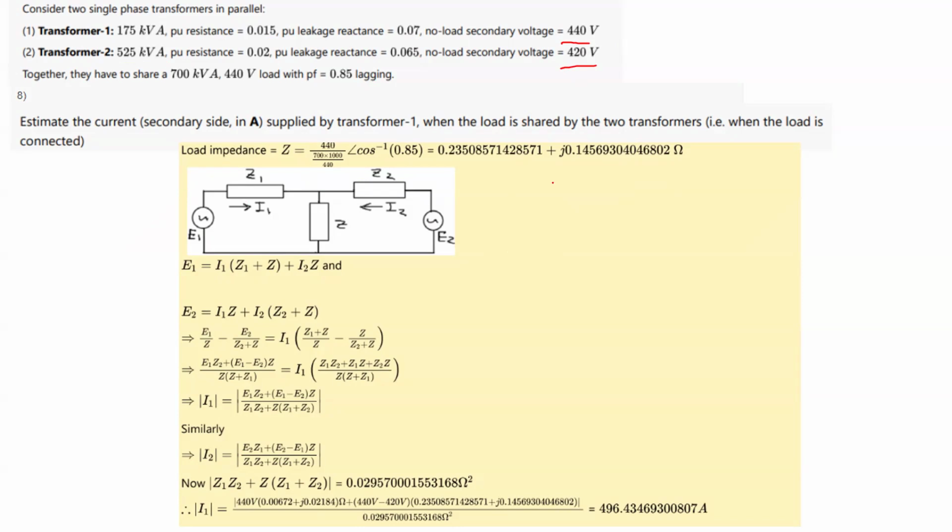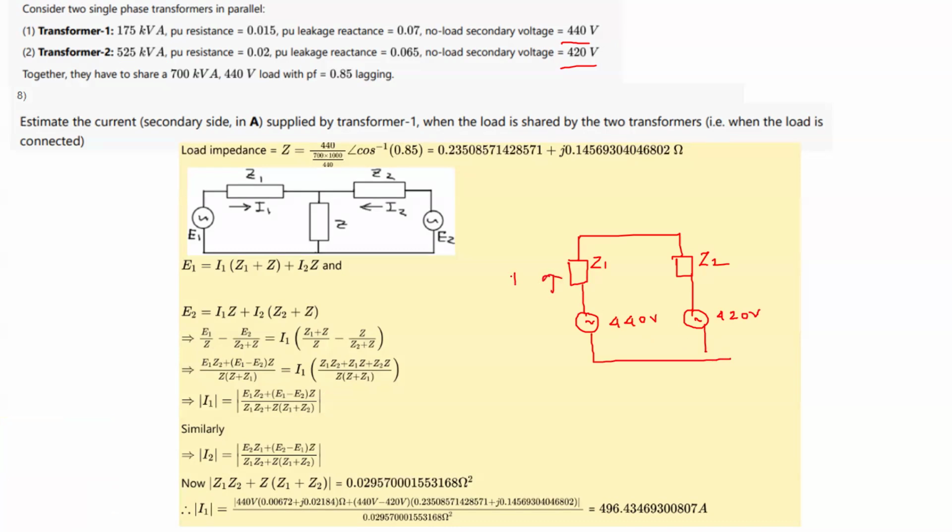Here, this is the paralleling like this, right? I'm drawing the secondary side circuit. It can be drawn like this. This is Z1, this is 440 volt. This is Z2, this is 420 volt.